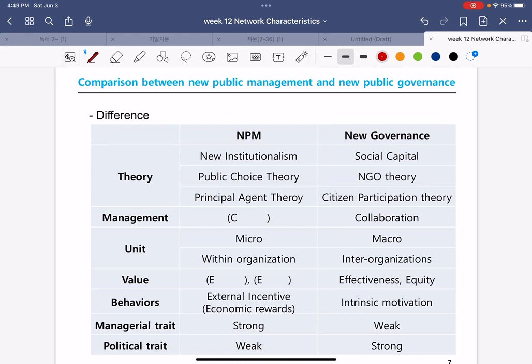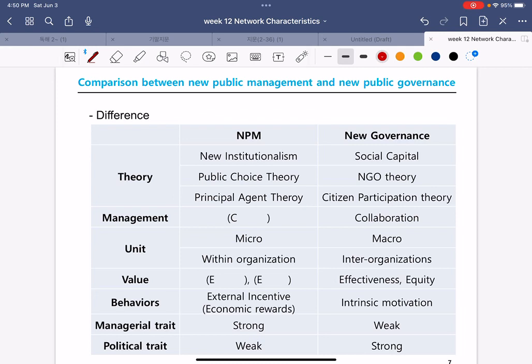The economic incentive, monetary incentive, is very important to motivate public employees. However, new governance emphasizes internal motivation. The new governance is based upon trust and cooperation. To cooperate, what is needed? In the new governance, voluntary motivation is very important.